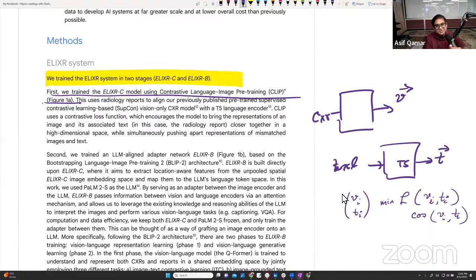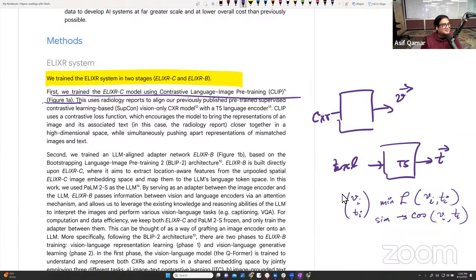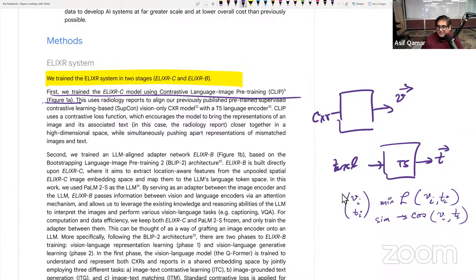You want to make sure that those two vectors are aligned, right? Minimize loss means you want, in effect, a large similarity number. Distance or similarity measure is cosine. On the other hand, if you take V_i and a random text, you want to minimize the similarity.